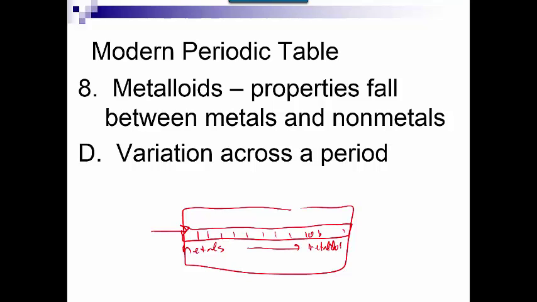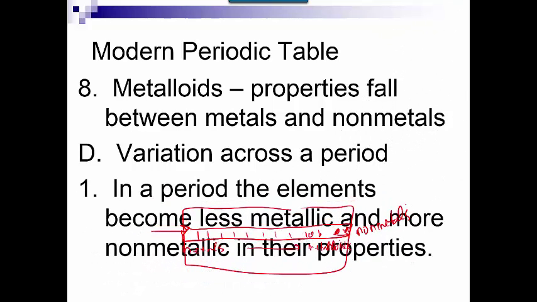As you move even further to the right, you get over here to the very end ones, you're going to hit nonmetals. But in a period, the elements become less metallic and more nonmetallic. Again, as you move across the period from left to right, you are going to get less and less metallic and more like a nonmetal.